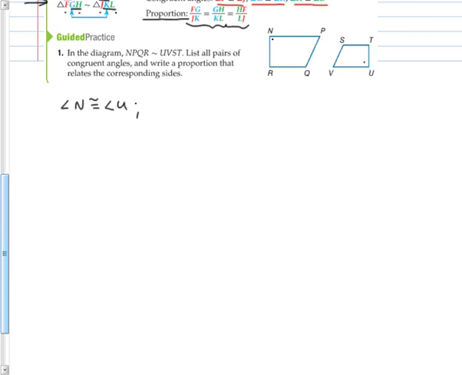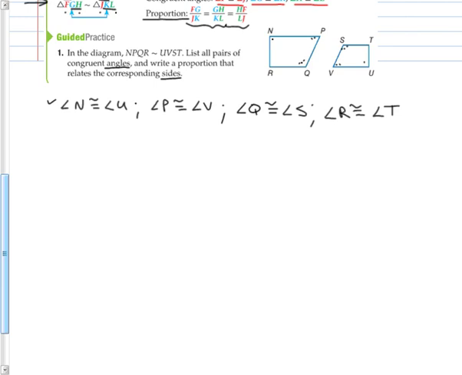And let's go to angle P. Angle P, what is that one congruent with? V. Angle P is congruent with angle V. And angle Q is congruent with angle S. And by this point, hopefully you don't get anything wrong, angle R is congruent with angle T. Excellent job.